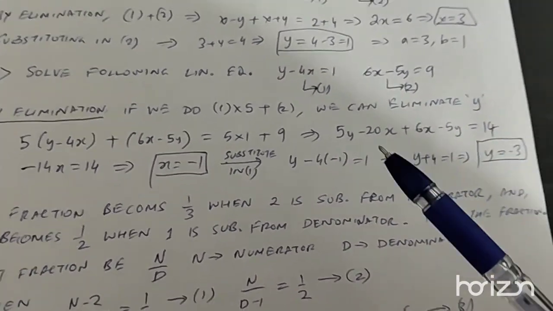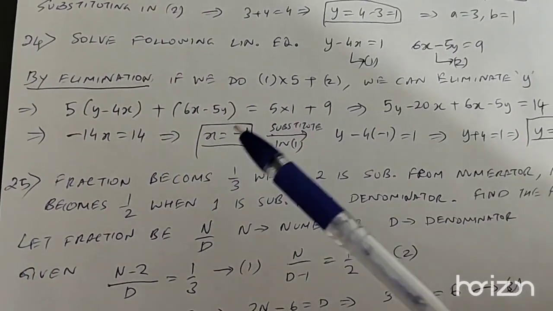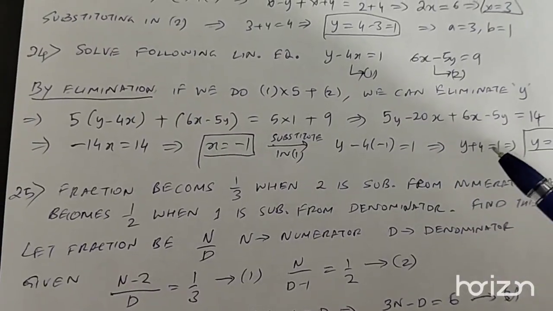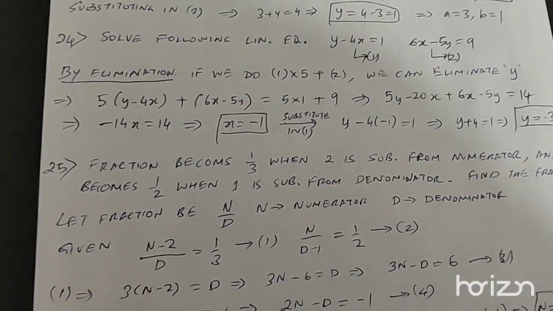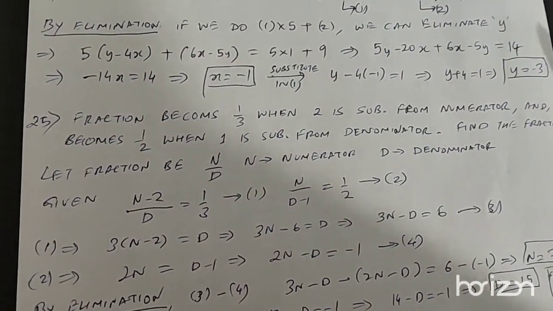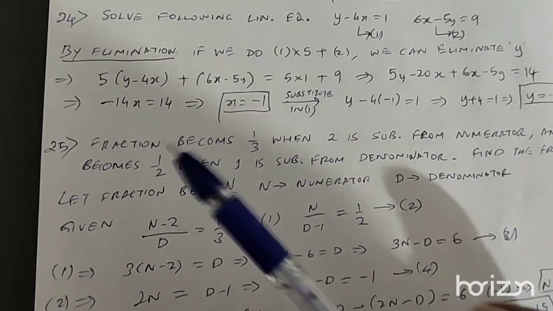So simplifying, 5y will get cancelled. You will get minus 20x plus 6x, which is minus 14x, is equal to 14, or x is equal to minus 1. Substituting into equation 1, you can find out y value is minus 3. Okay. Again, to keep the video short, I have jumped the math steps, simplifying steps, but you take your time and simplify it and you'll get the right answer.